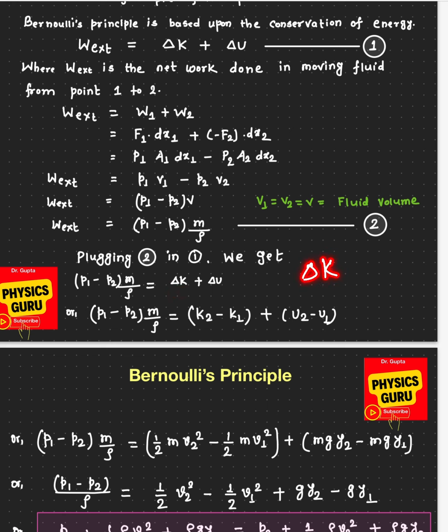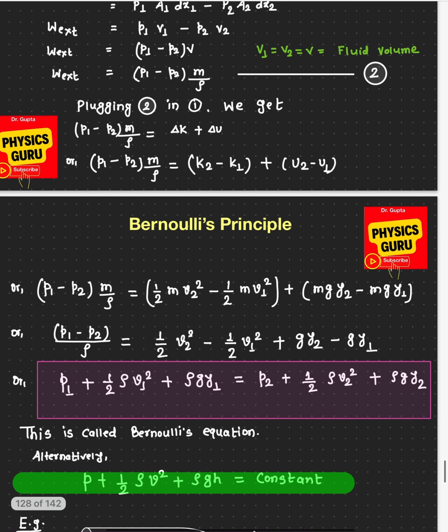Delta K is the change in kinetic energy, that means kinetic energy at point 2 minus kinetic energy at point 1. Similarly, delta U, the change in potential energy, means the potential energy at point 2 minus potential energy at point 1. Okay, so that's what I have written down.